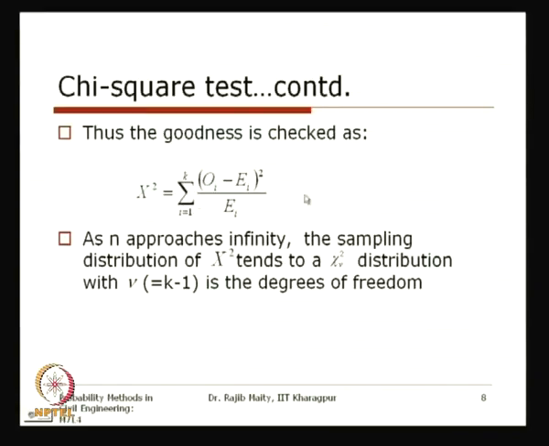If you are not estimating any parameter from the data, the degrees of freedom is k minus 1, but if you estimate one parameter, the degrees of freedom will be k minus 2. If you are estimating two parameters, it will be k minus 3. Similarly, as many parameters as you estimate from the data, that many degrees of freedom will be lost.